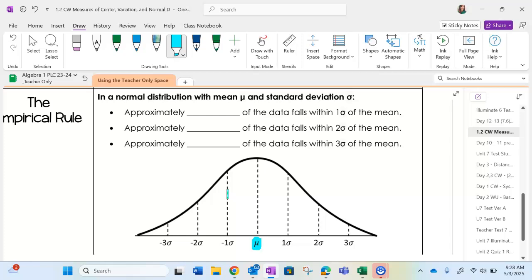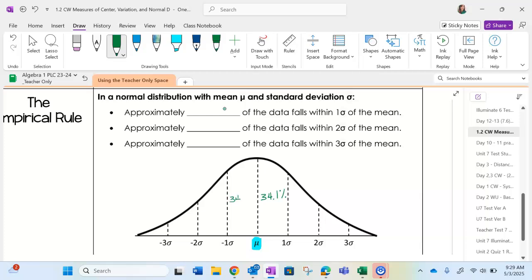When you draw this bell curve or normal distribution, it's only 3 standard deviations from the mean going in the positive direction and going in the negative direction. Now, in these little spaces here, where we say that it's 1 standard deviation from the mean, that talks about 34.1% of all the data within 1 standard deviation.